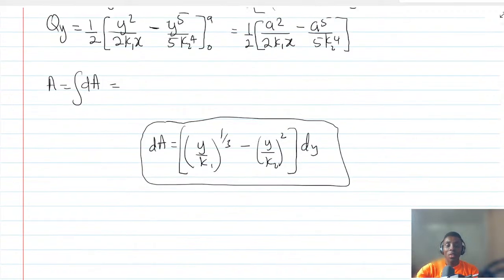Okay, let me just do it for you. So the area will be the integral of the whole of this.